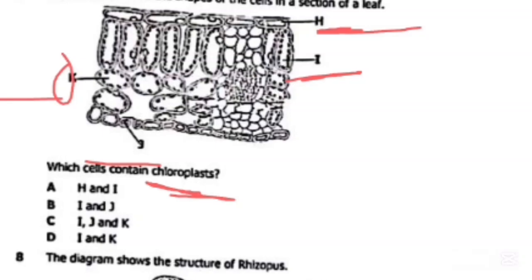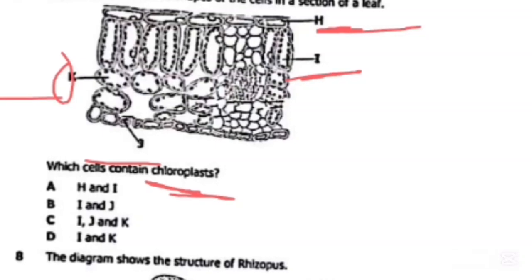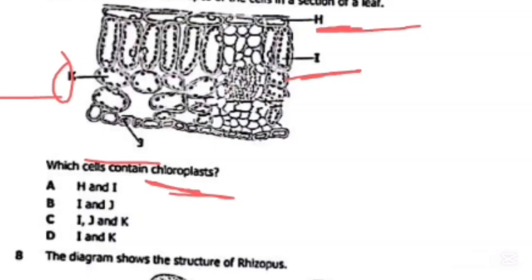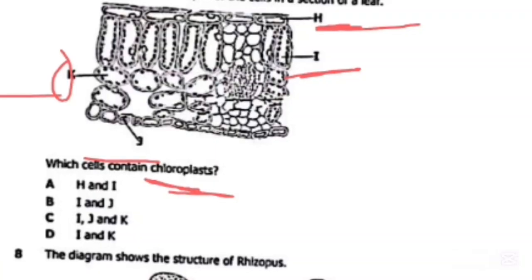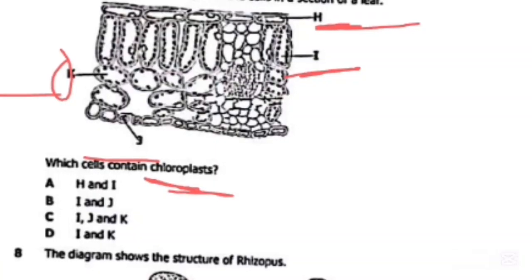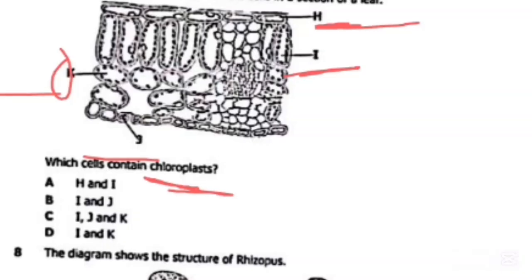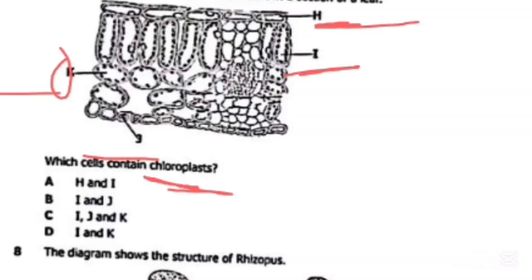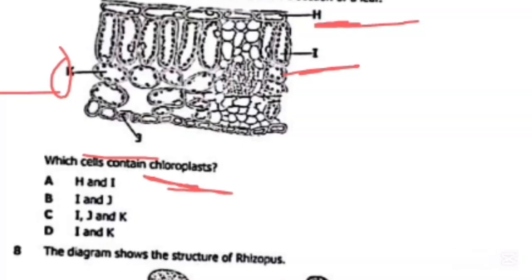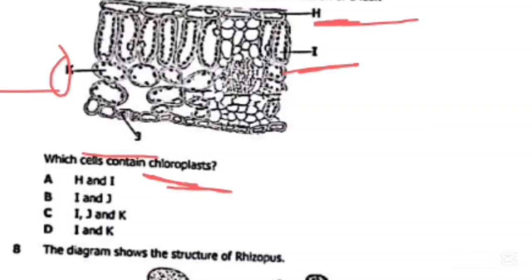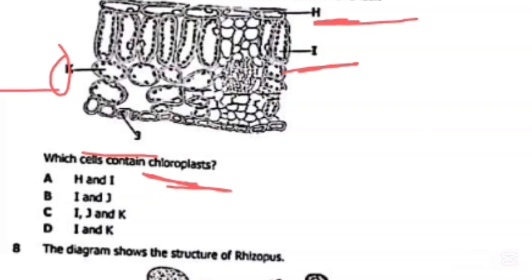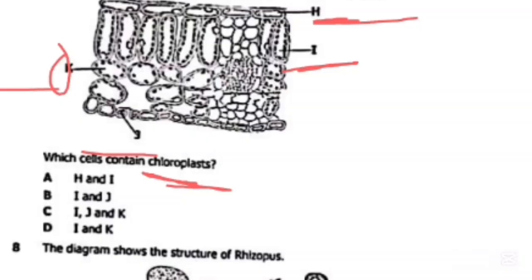Then I has a high concentration of what? Chloroplast. Then the upper epidermis contains a thick wax which is responsible for maximum penetration of light and reduces the rate of transpiration.